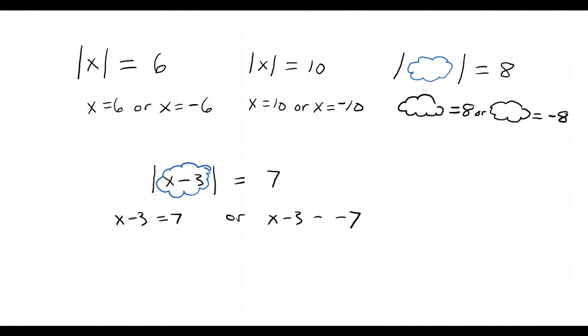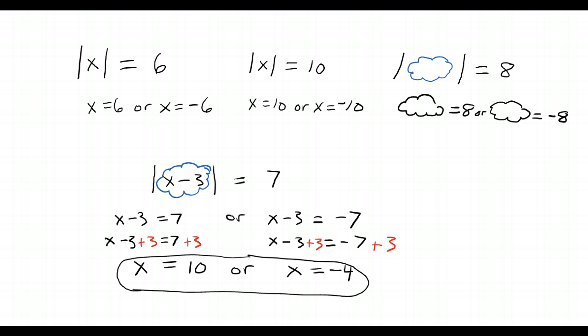Now notice I didn't make that minus a plus. Don't touch what's in the cloud. Write it down and say it has to equal 7 or it has to equal negative 7. Now you have 2 equations, solve them. When I work out both equations, I get x equals 10 or x equals negative 4. Those are the numbers that I put in for x that make that a true statement.